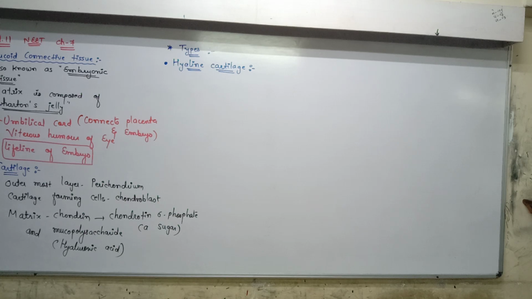Shiny, just like a glass. Okay? So here, glassy appearance or glass-like structure. Fibers are completely absent. Matrix is bluish in color.